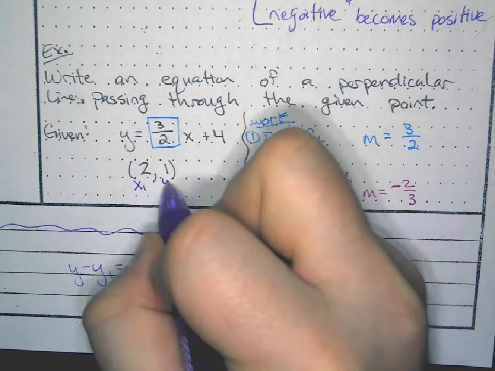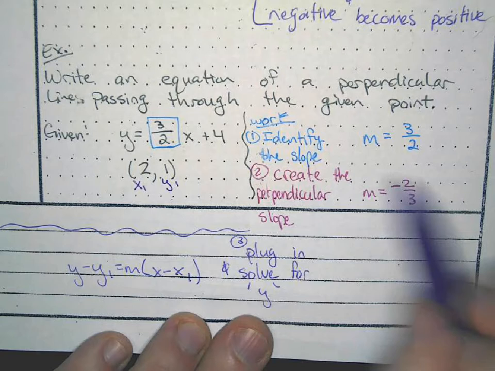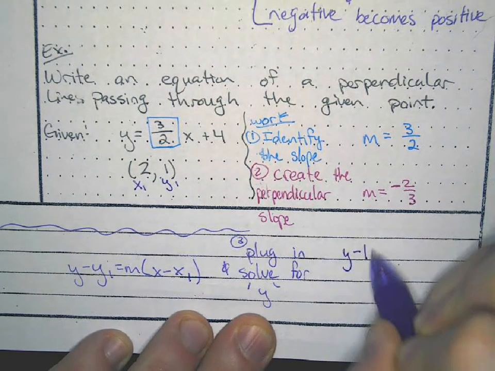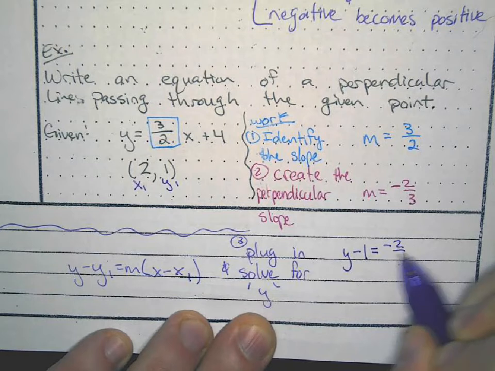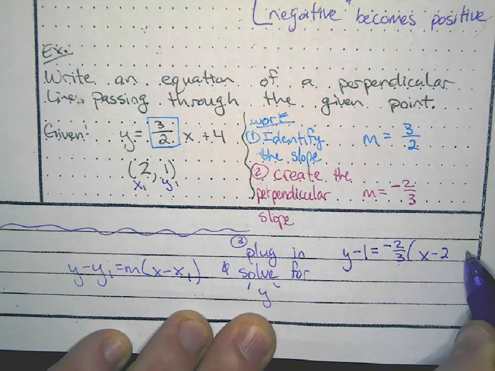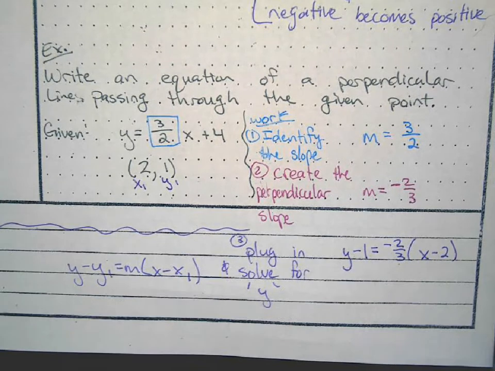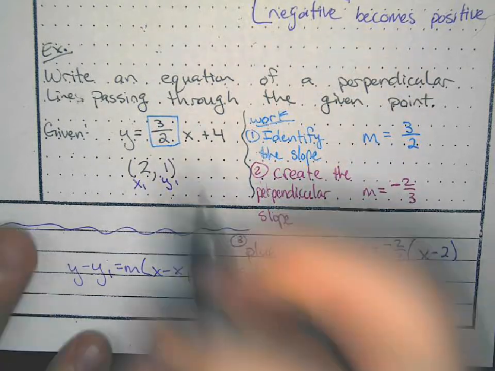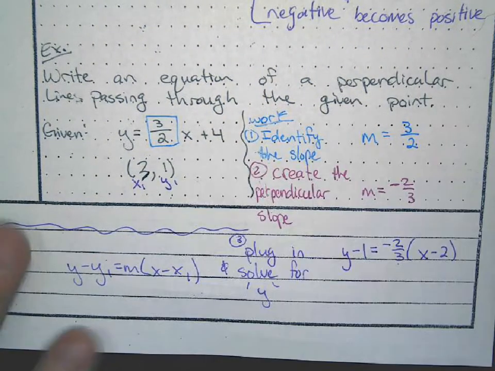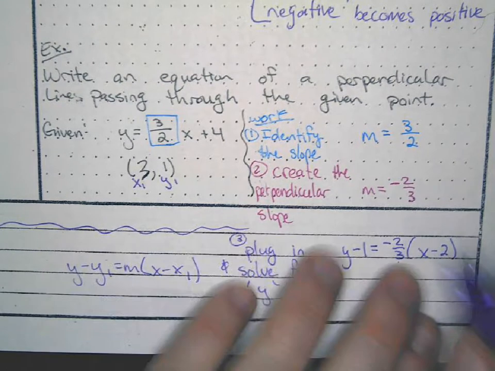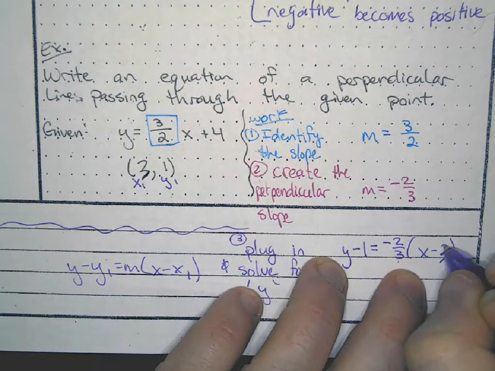So this is my x1, there's my y1. And I'm going to use my new slope right here. So I'm going to say y minus 1 equals negative 2/3 times x minus 2. Let's make x a 3 to make this a little bit easier as an example. So we're going to make our x1 point a 3, like so.